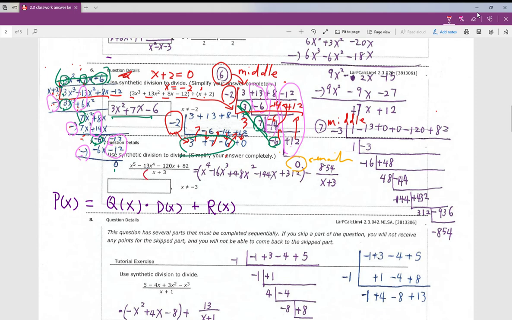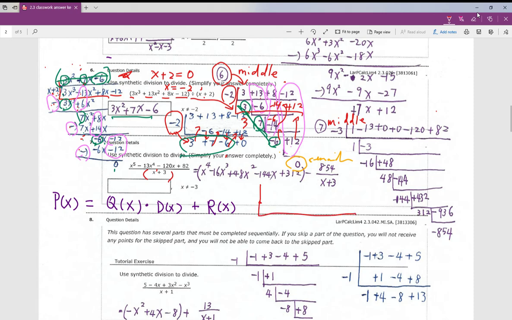Right now the divisor is only 1 degree, so we can try the synthetic division. This one I didn't show the synthetic division. Let me see. I can show it here. I don't have enough space. Okay, I can do it here, right? Make it longer.